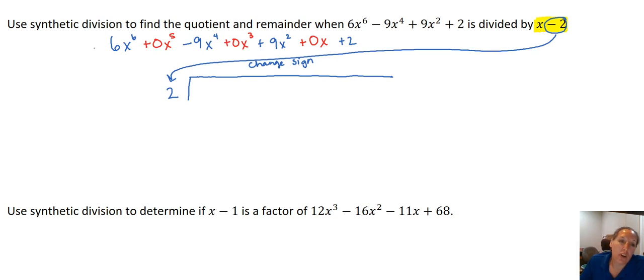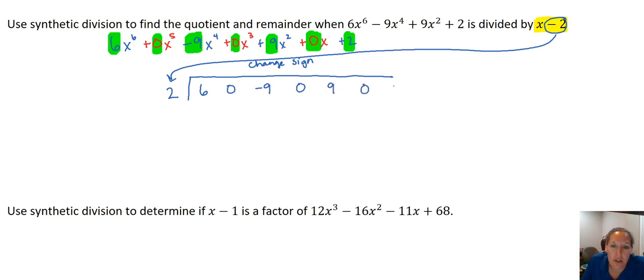All right, now we are going to look at just the coefficients for our dividend, our numerator, and write them underneath our house. So we've got 6, 0, negative 9, 0, 9, 0, and 2.